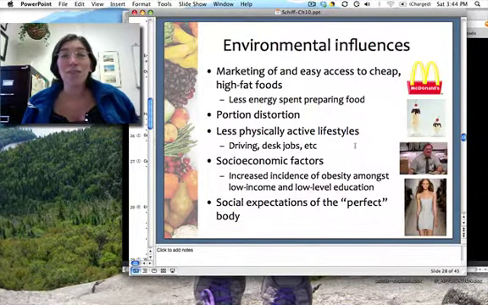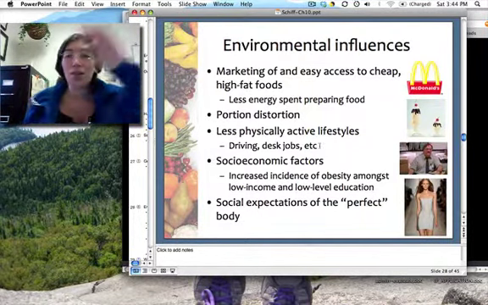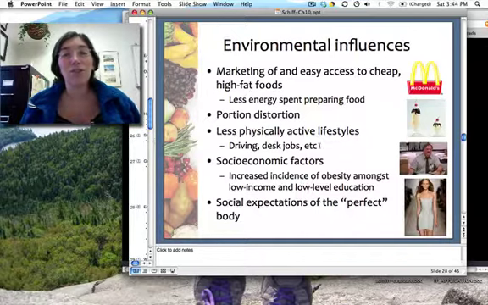Whereas now, so much stuff is electronic. You can do it all from a computer. You never have to get up from your desk. So really, our lifestyles, holistically, have become much lower activity oriented.